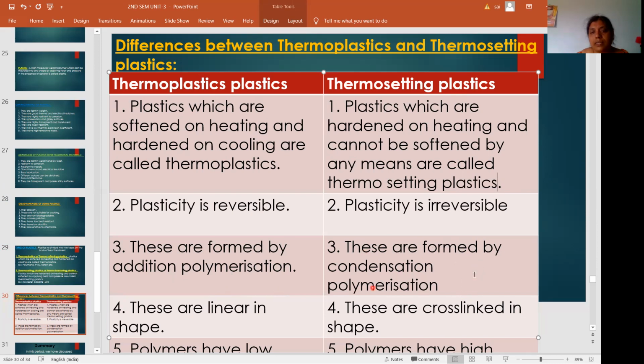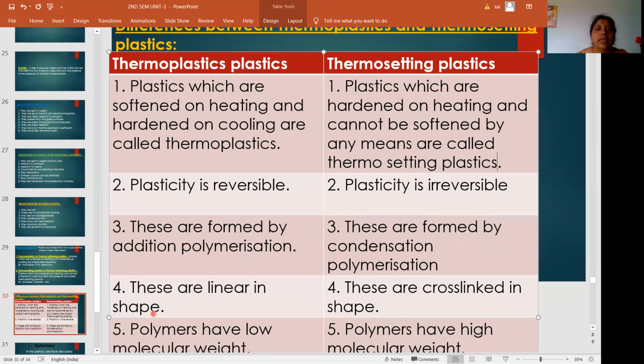Whatever characters you get for addition polymerization and condensation polymerization, you will get for thermoplastics and thermosetting plastics. In addition polymerization, the structure is a straight chain, so linear in shape. So thermoplastics prepared by addition polymerization are linear in shape.